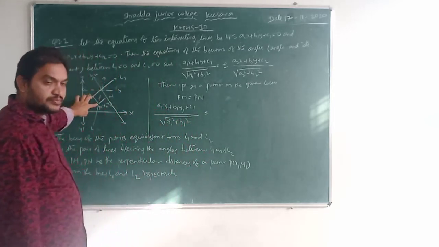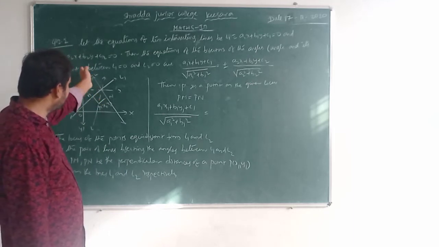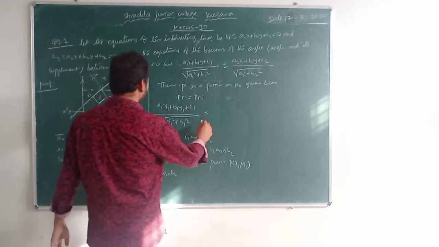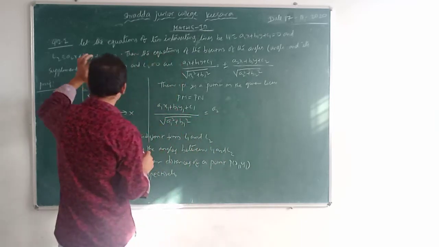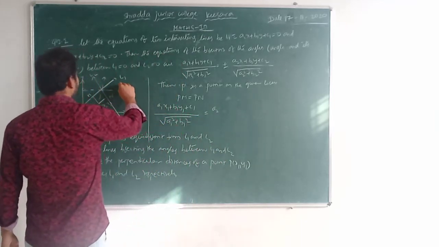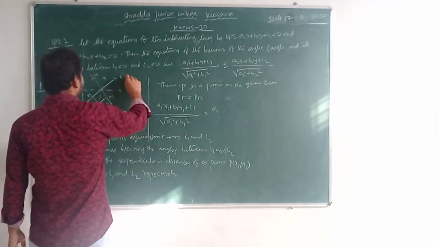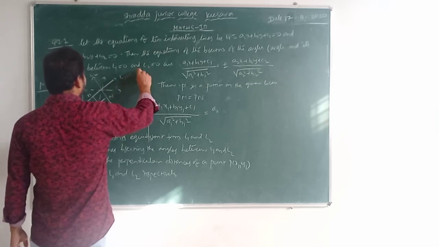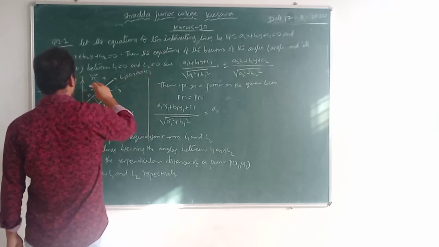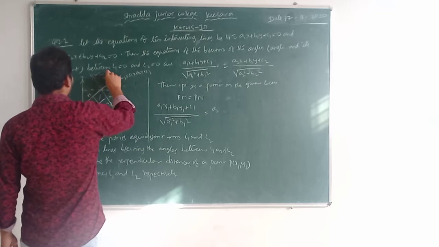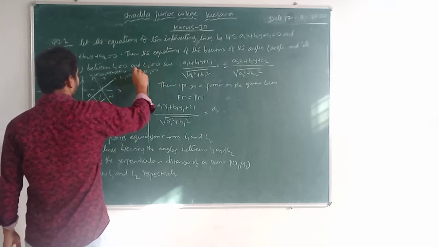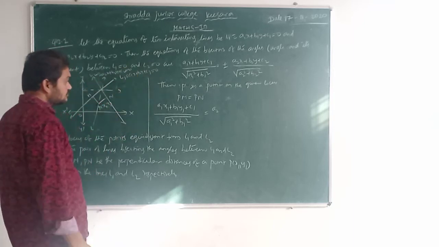And this is equal to, what is PN here? The length of the perpendicular distance from the point to the second line. What is the second line? That is denoted by L2 here. See here, what is L1 here? That is represented by A1x plus B1y plus C1, and what is L2 here? A2x plus B2y plus C2 equals 0.